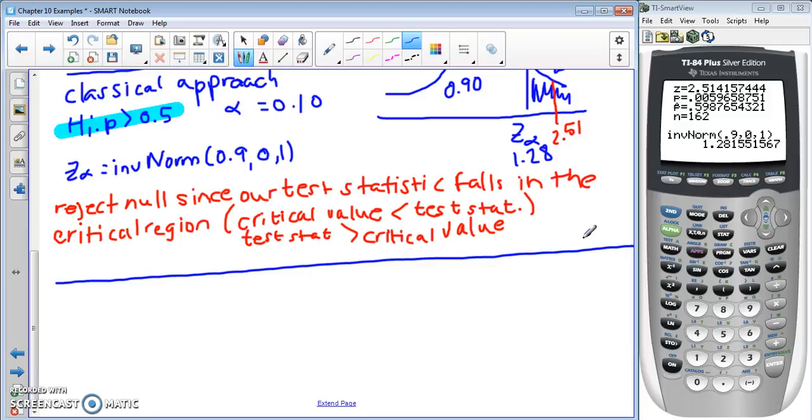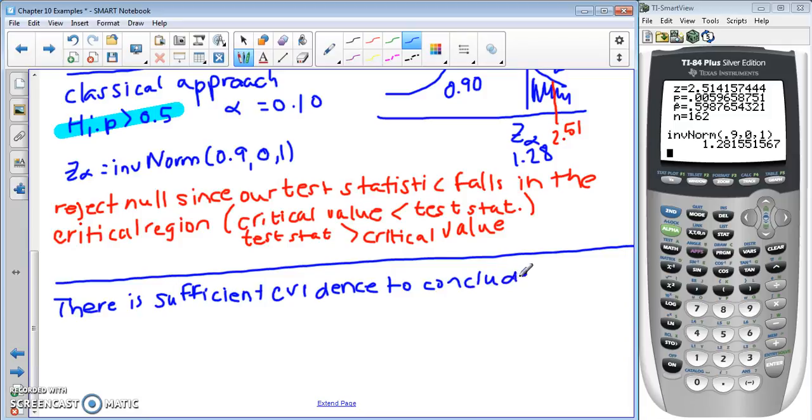So since we're rejecting, that means that there is sufficient evidence. The way to remember this is insufficient is not sufficient, so not sufficient, do not reject. So there is sufficient evidence to conclude the alternative.